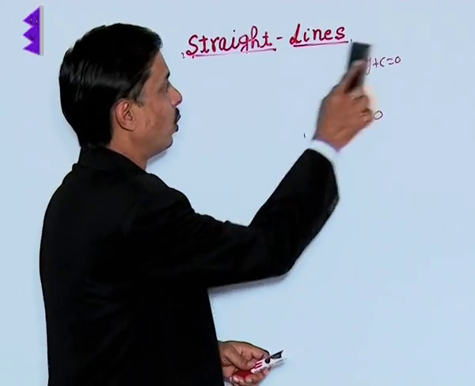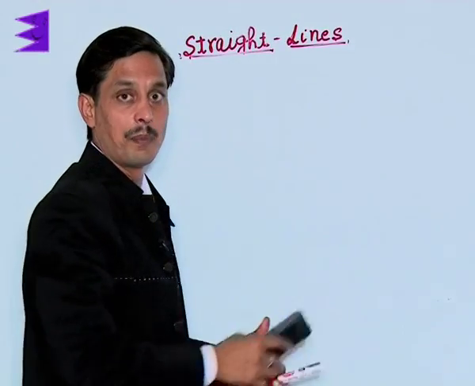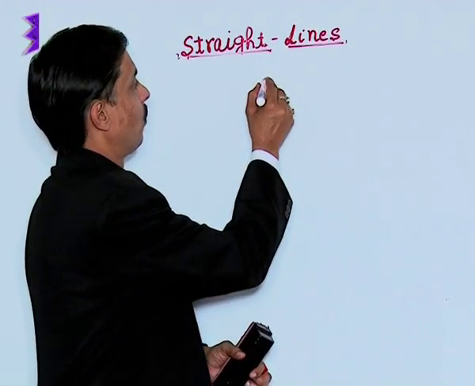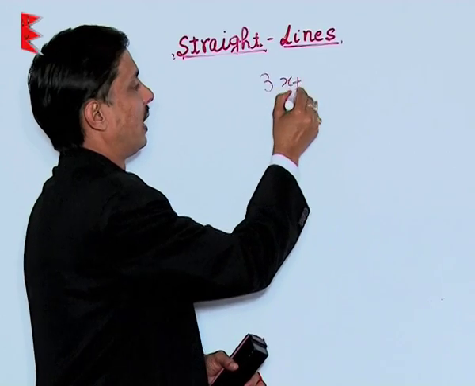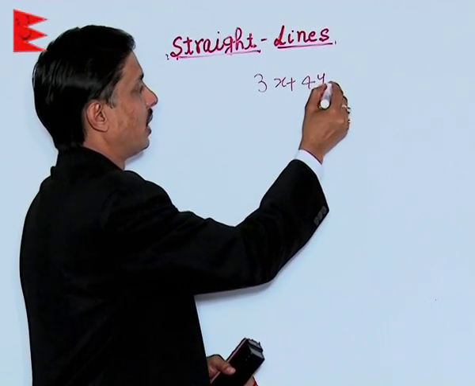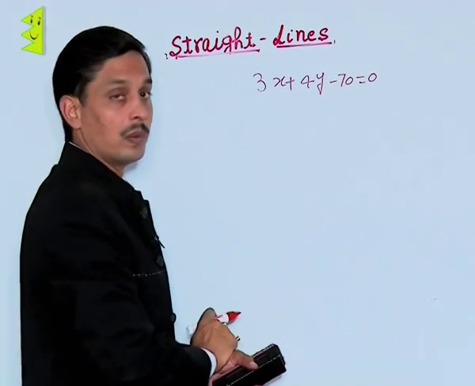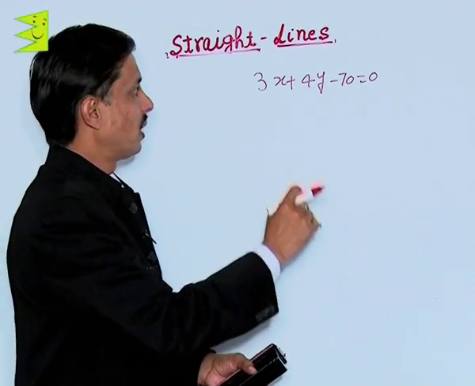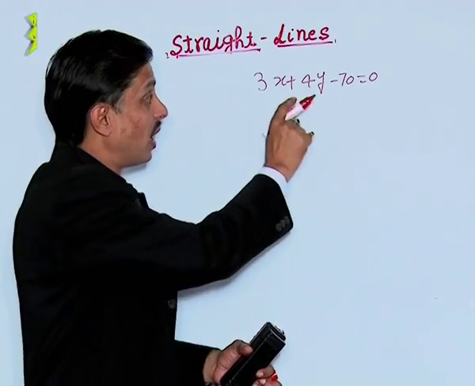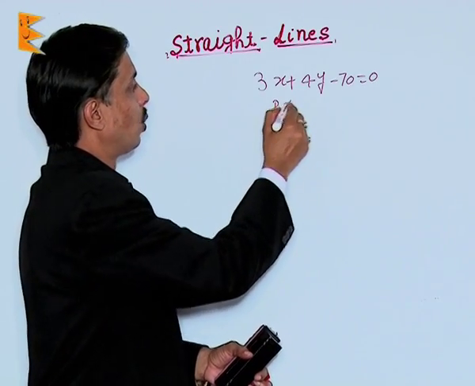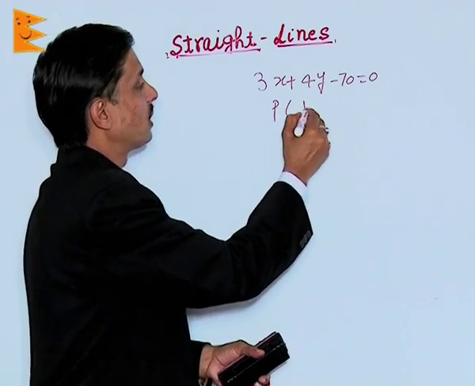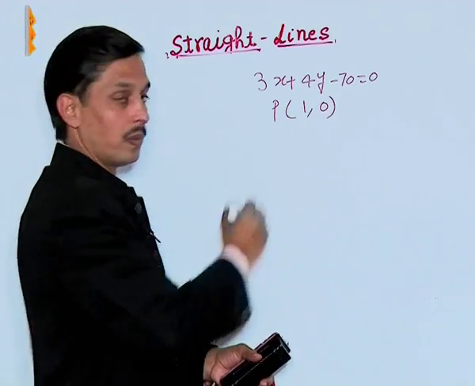Let me explain it with the help of one example. Find the equation of a line which is parallel to 3x plus 4y minus 70 is equal to 0, but that line, which is parallel to this, is passing through a point whose coordinates are (1, 0).